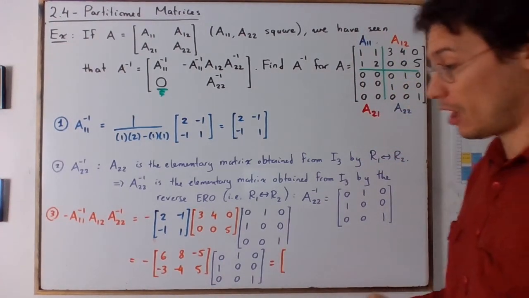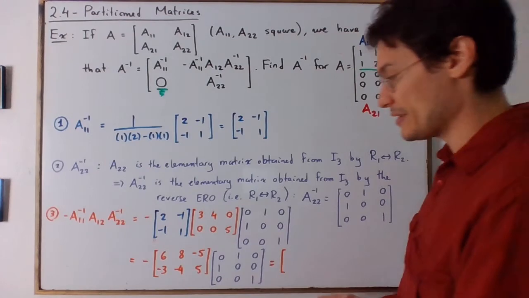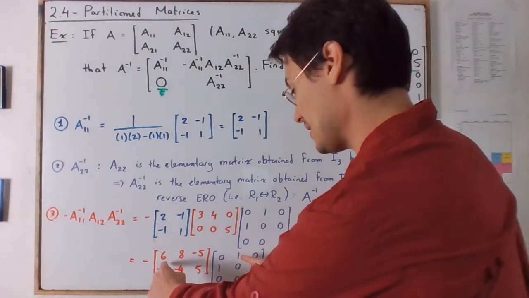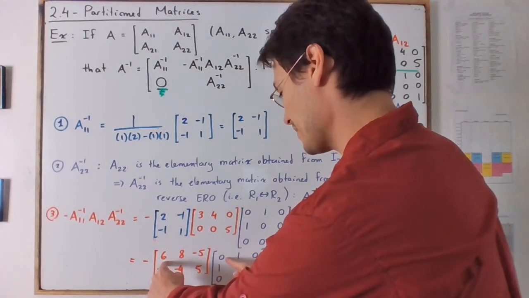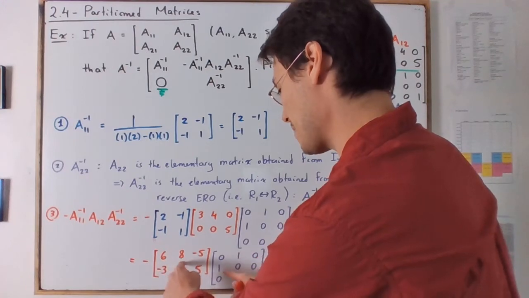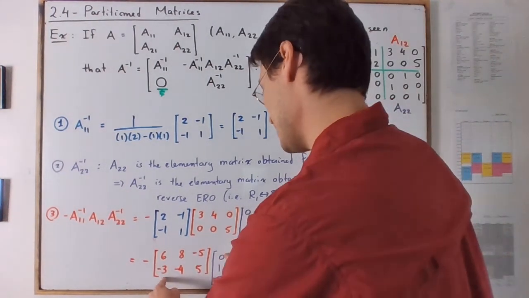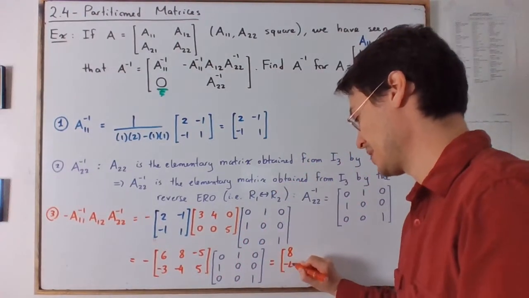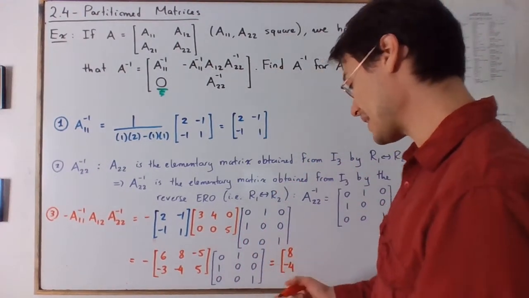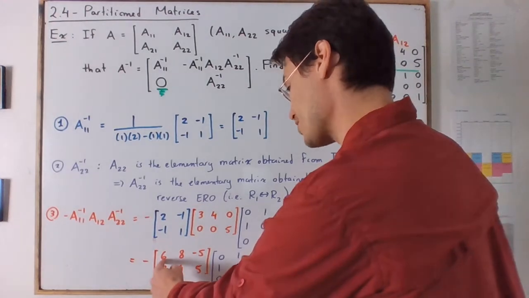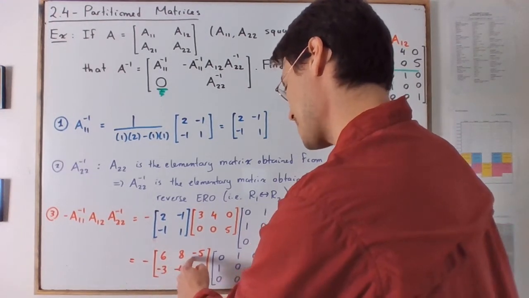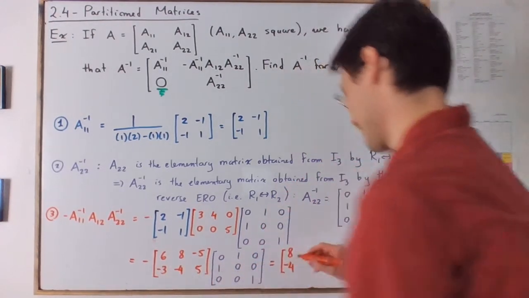But we're going to have 3 columns. So here in the first column, we're going to pick the second entry. So we're going to have 8 and -4. In the second column, we're picking the first entry. So actually, we have 6 and -3.